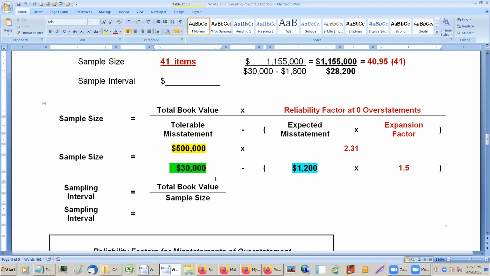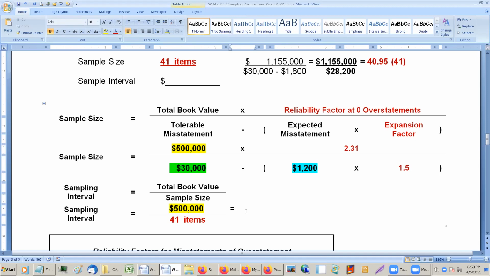And sample size, we get the total book value divided by the sample size. And that will equal some number, 12,195 and 12 cents.